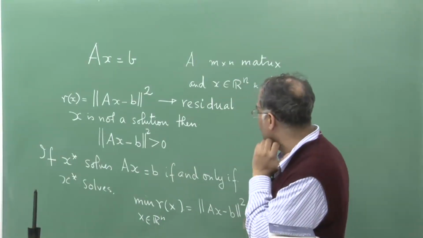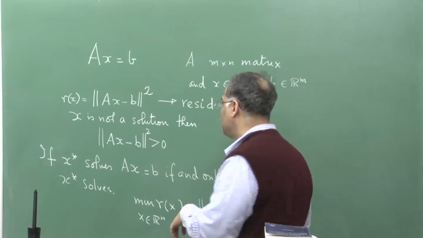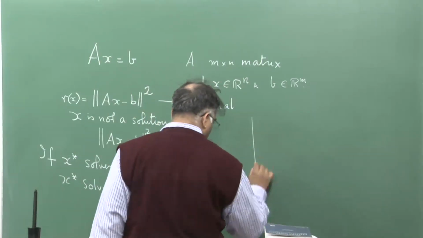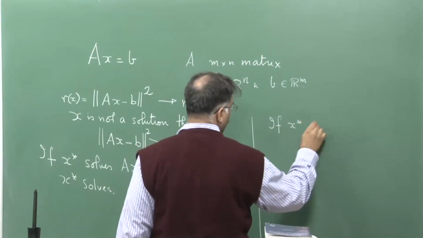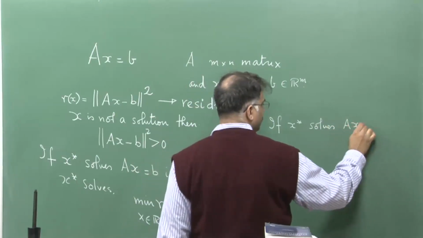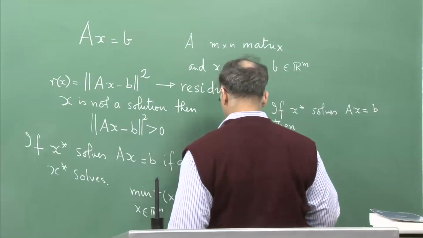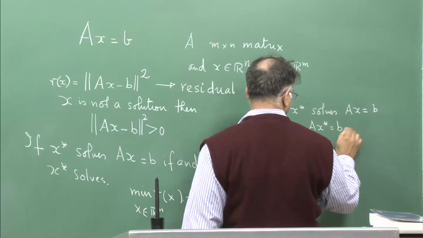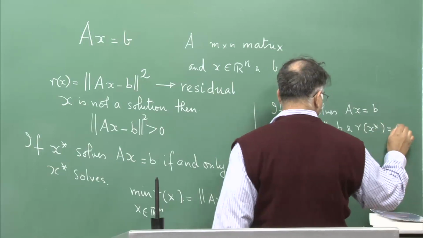Now, if I want to solve this problem, I can actually solve this minimization problem, but how do I prove that? If x star solves Ax equal to B, then naturally Ax star is equal to B, and R x star is equal to 0.